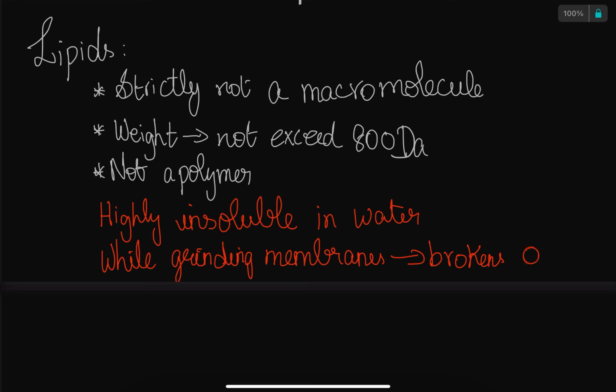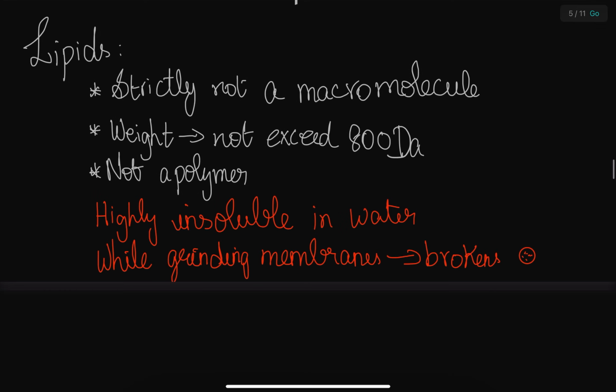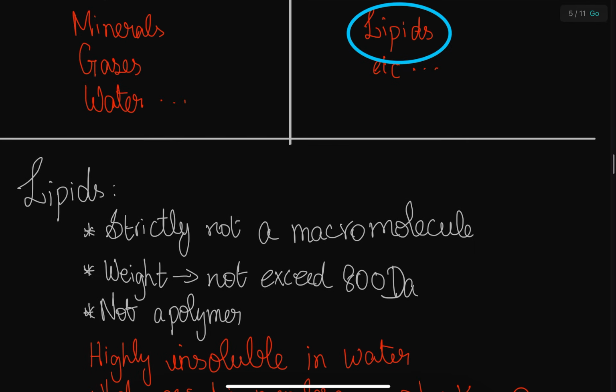A vesicle is like a ball, spherical in shape. So it gets separated into the acid insoluble fraction. So we have come to the end of the video and thank you.